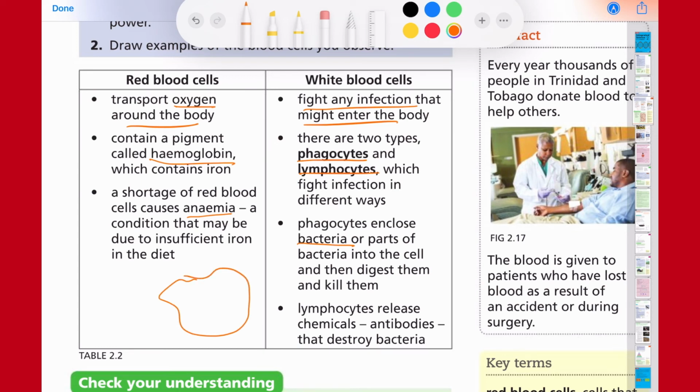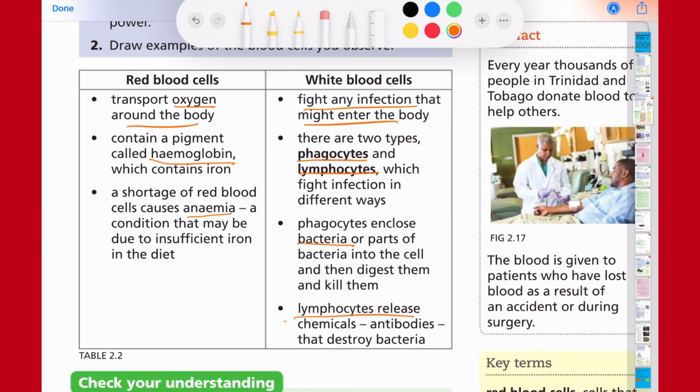I don't know if you all ever played with slime. You have that slime, and if you put anything into it, I know kids now like to put little beads or little balls into it, and you enclose it and wrap it up inside of it. That is what the phagocytes do. So they basically eat the bacteria, and that is how they will kill them.